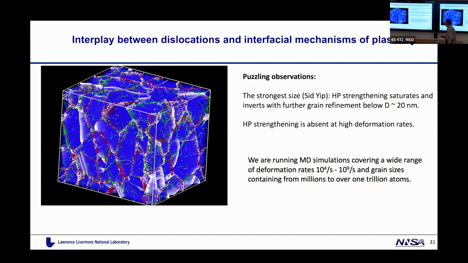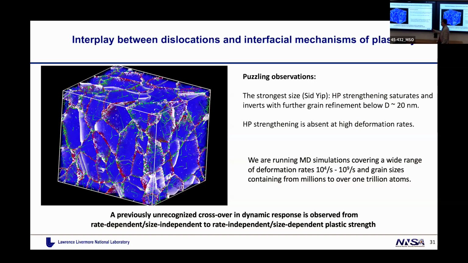It's basically macroscopic. And by the way, 1 trillion atoms allows us to see, in some very preliminary results, some crossovers in the behavior. These are very preliminary results, and it remains to be formally quantified, but there are 2 kinds of behaviors there. There is a rate-independent strength that depends on size.